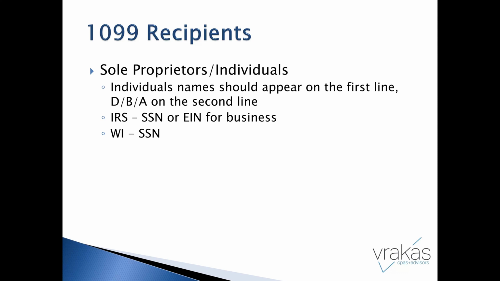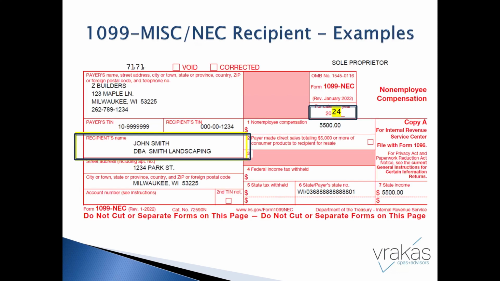And you need to make sure that however they file their tax return is how that 1099 is issued. So it could have the individual's name, and we have an example here, individual's name, doing business as. This is the proper way to do it.